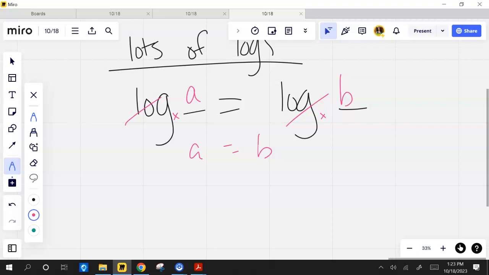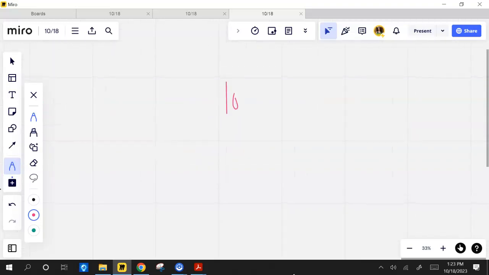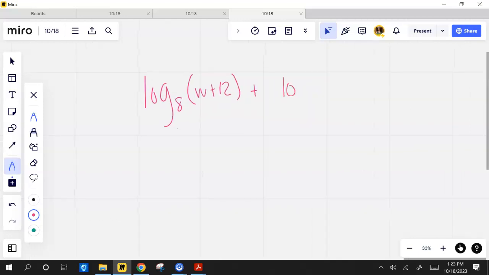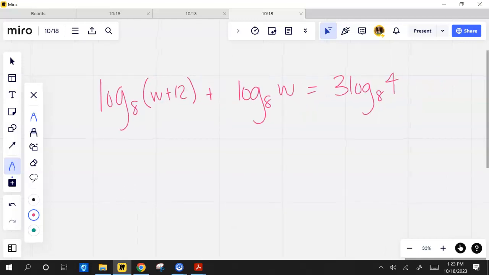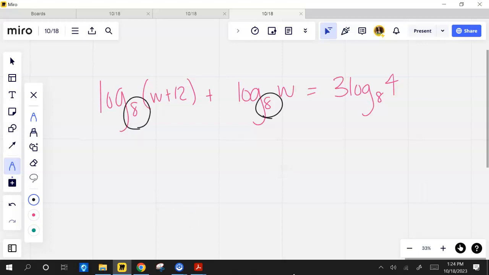For example, notice how there's not a random number. If this had plus 7, then I'd go about it the way I've been doing it. But because it doesn't have that plus some number by itself, I notice that all the bases are the same. I'm going to condense both sides down as much as I can. So on the left, what happens?